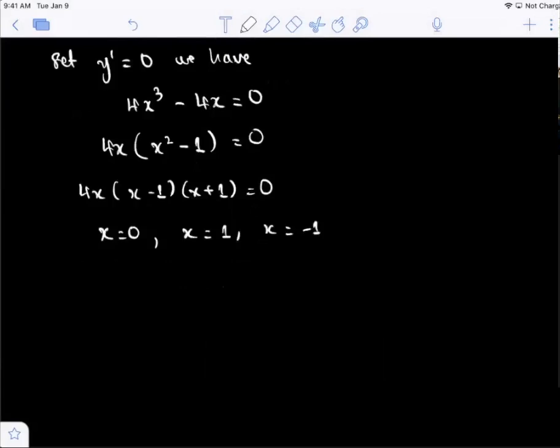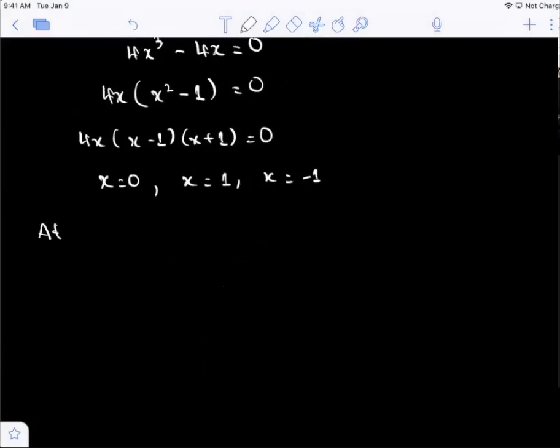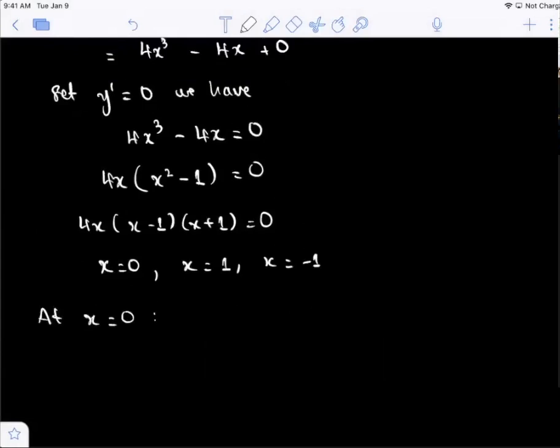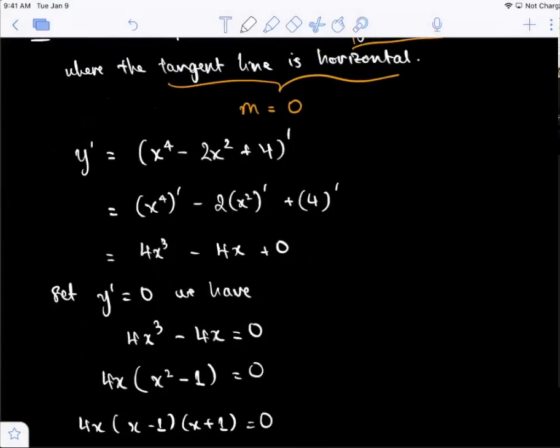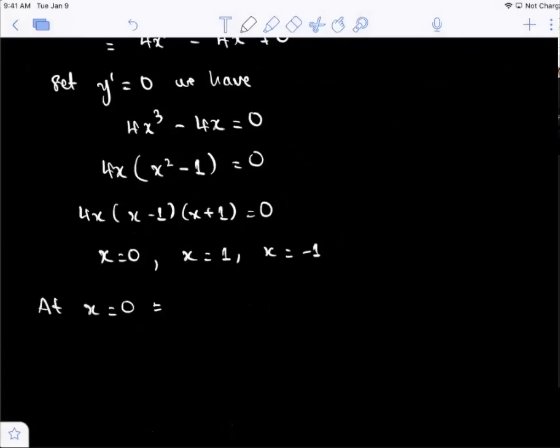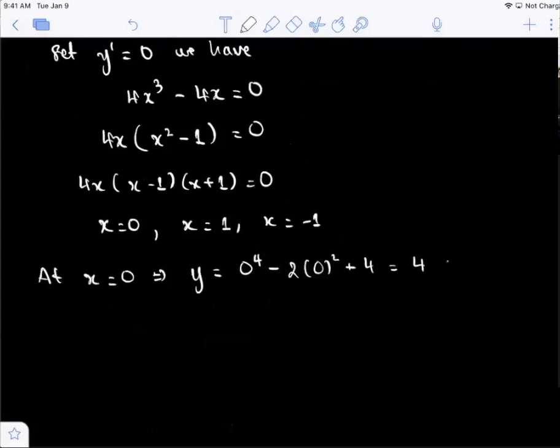All right. So at x equal to 0, what is y equal to? You can substitute x equal to 0 back into the original function. So y equals 0 to the fourth minus 2 times 0 squared plus 4, and this gives me 4. So the first point is 0, 4.